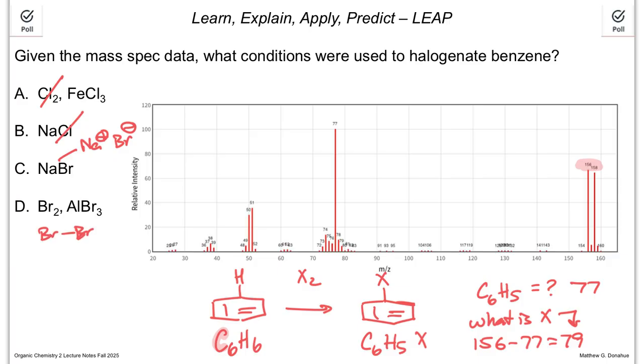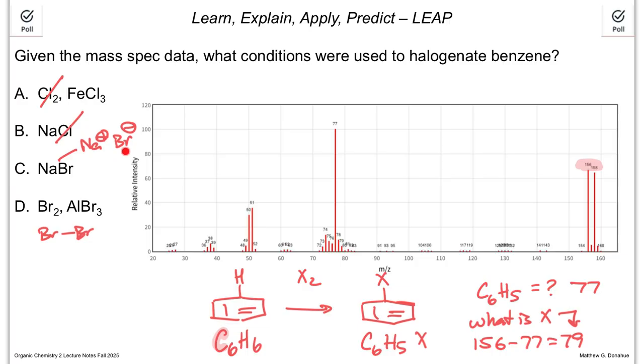In molecular bromine, that's now electrophilic because the benzene ring is supplying the electrons. It supplies those electrons to bond to one of those bromines. You break the bromine-bromine bond, and then the reaction proceeds.